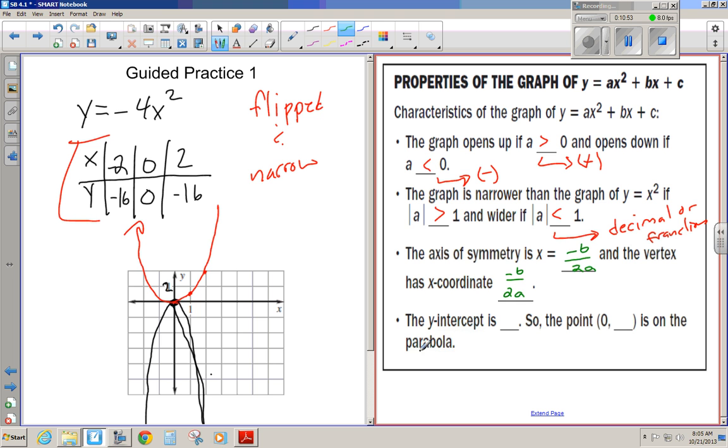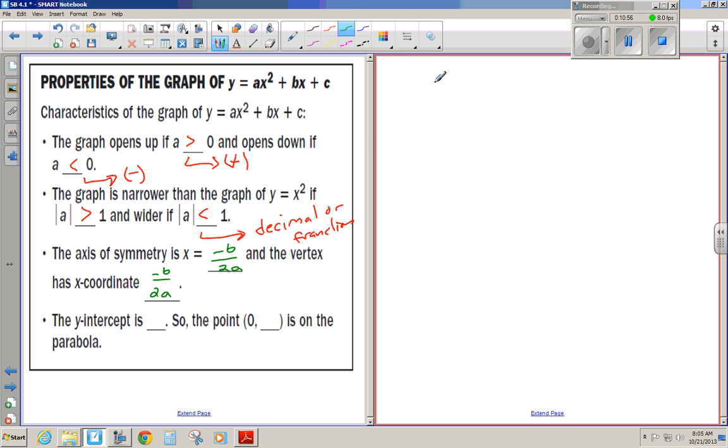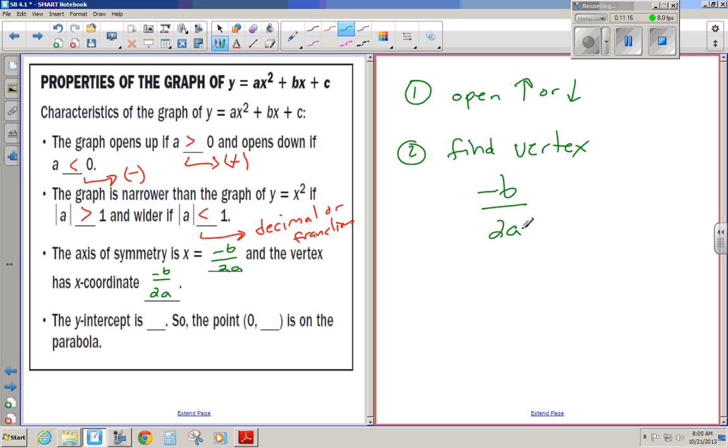So basically, I'm going to add an extra note here. The first thing you need to do when graphing is determine whether it opens up or down. Find the vertex by using negative b over 2a. And what you're going to do then is when you find negative b over 2a, you plug it in and you find the unknown y value.